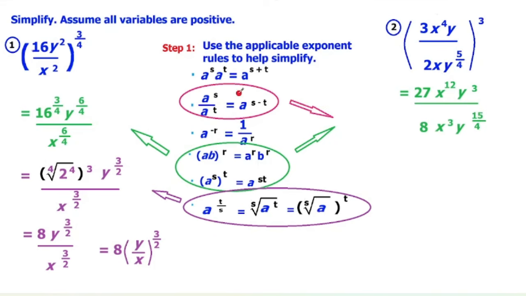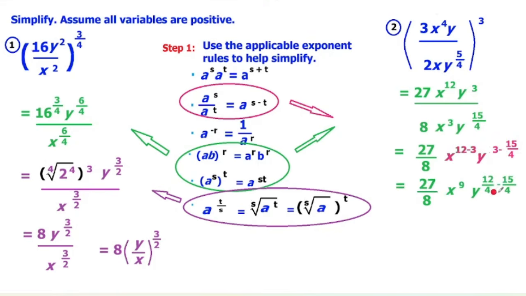Now we could use this, because we have a division here, we can subtract some of these exponents where the base is the same. So how it'll look is like this. We have 27/8, we just leave that the way it is. And then x to the 12 over x to the 3 becomes x to the 12 minus 3, and y becomes 3 minus 15/4.